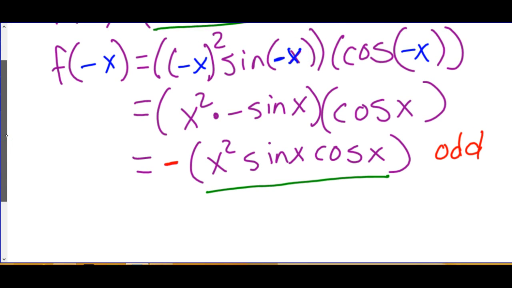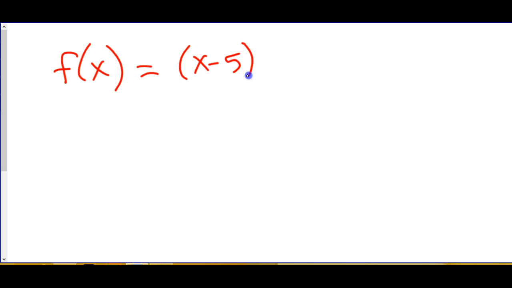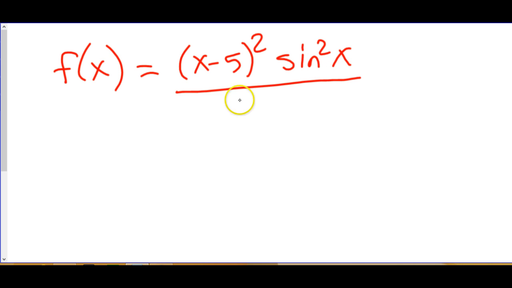Let's do one more example, though, that can be a little more difficult. Let's say f of x is x minus 5 squared times sine squared of x over secant squared of x. With this one, we still plug in negative x. That beginning part will never change.